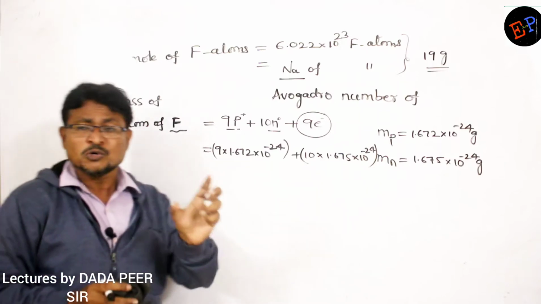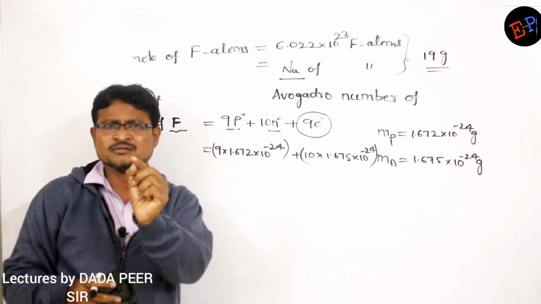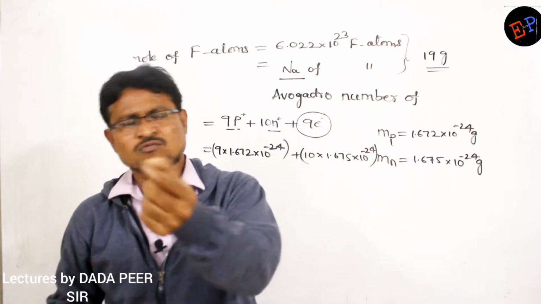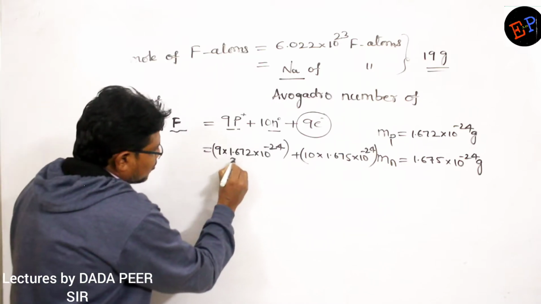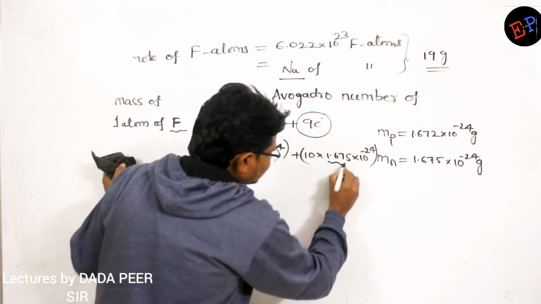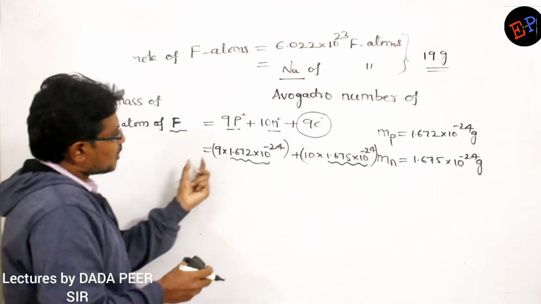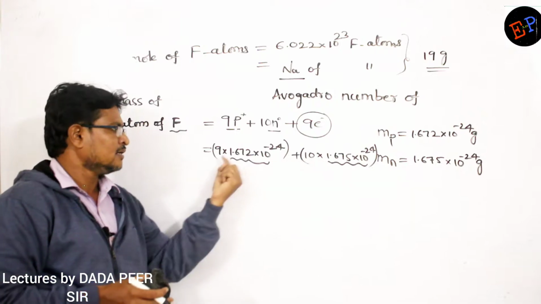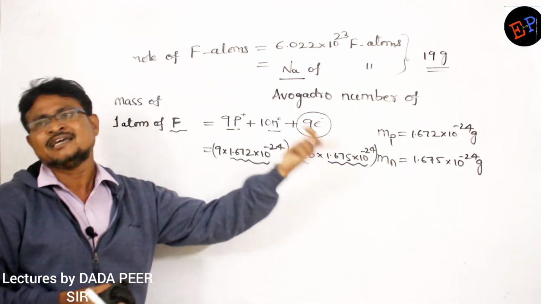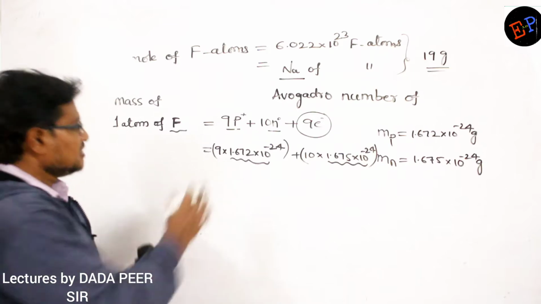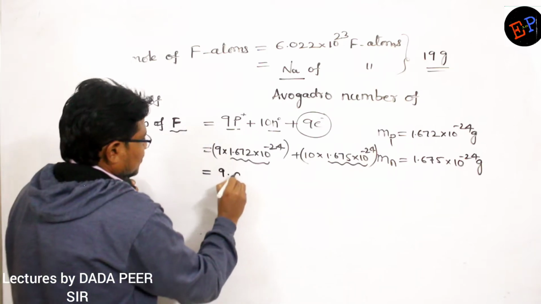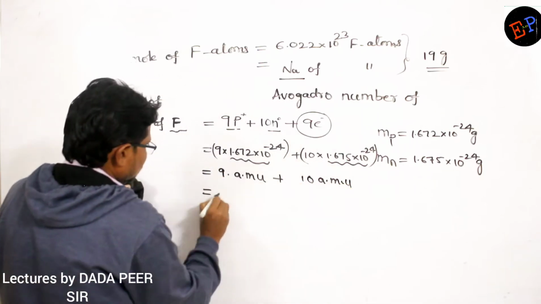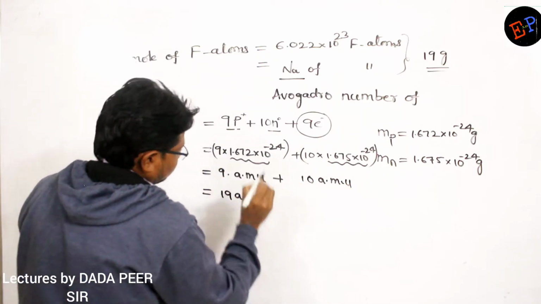So is it possible to do anything with one atom of fluorine? The mass of one atom of fluorine is almost equal to 1 AMU. Each proton is almost equal to 1 AMU, and each neutron is also almost equal to 1 AMU. Then together how many AMUs do you get? Powers are the same, so 9 plus 10, 19 AMUs. 9 AMU plus 10 AMU equals 19 AMU.